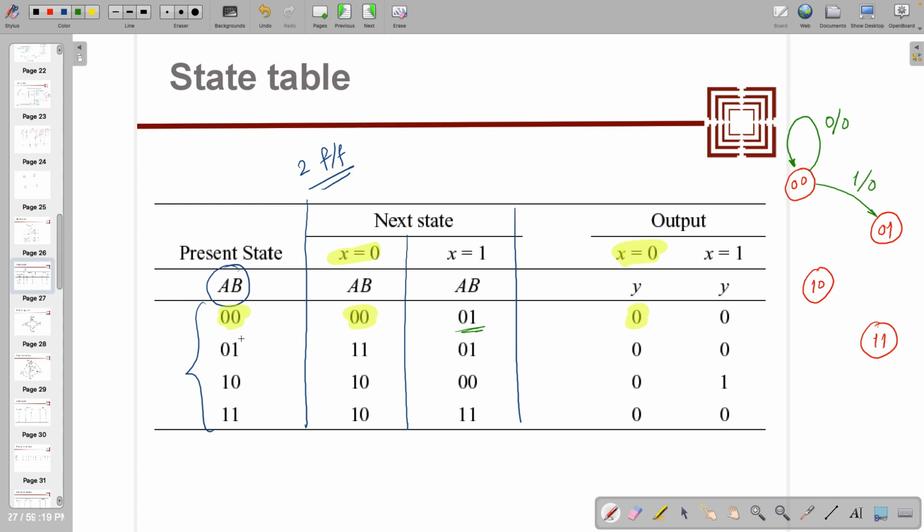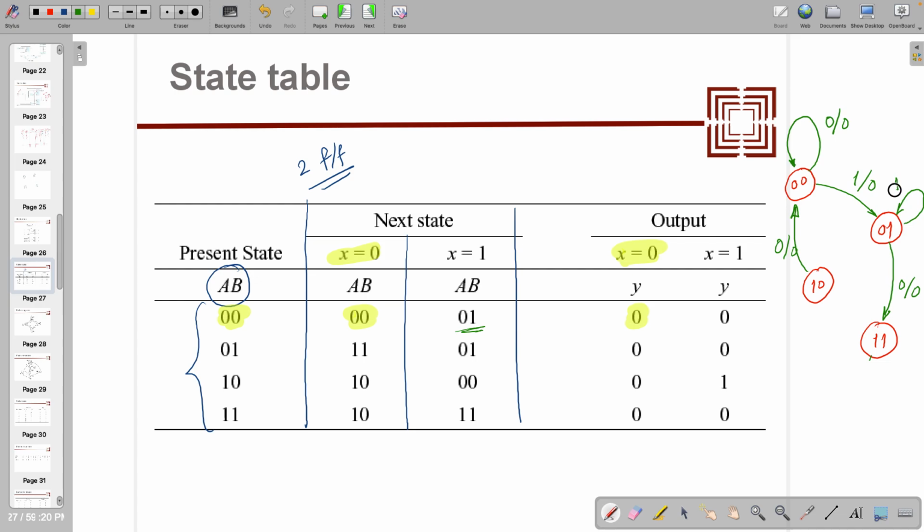Same way, 0 1 to 1 1, if x equal to 0 and y equal to 0, 0 1 to 0 1 when x equal to 1 and y equal to 0, 1 0 to 0 0 when the input is 0, output is 0, right? Then 1 0 next state is, okay, here I read that one as 0 1 to 0 1 only.